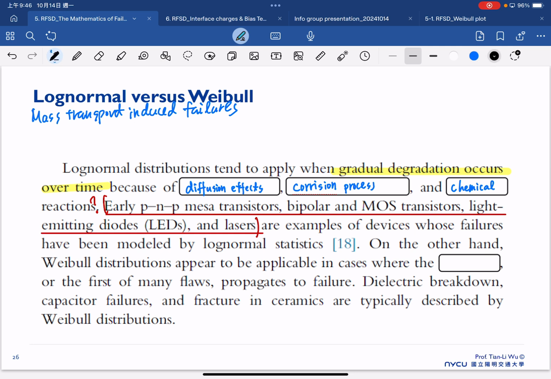In the case of interconnect, consider you have a piece of interconnection line connected in this way. We apply the voltage, and therefore a high current will start to go through this interconnection line.